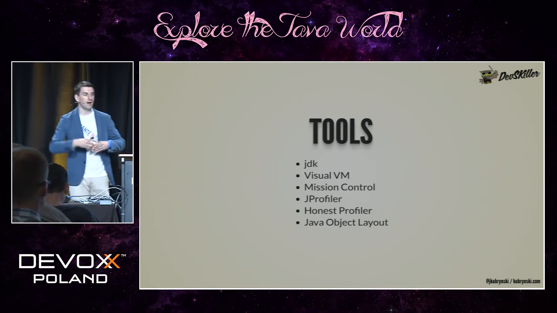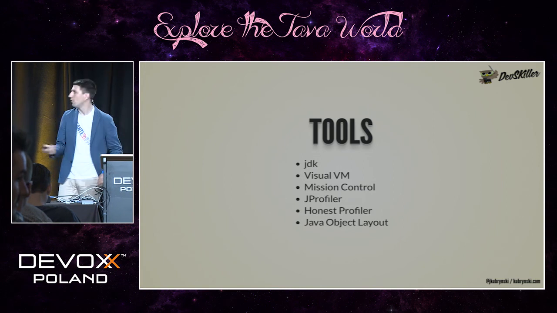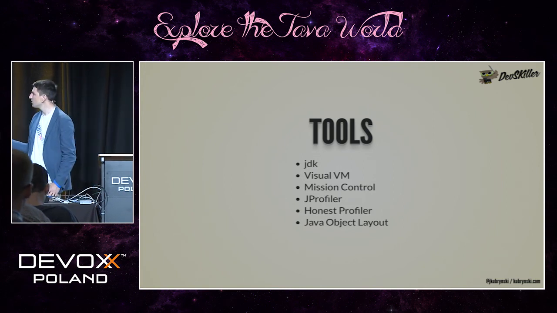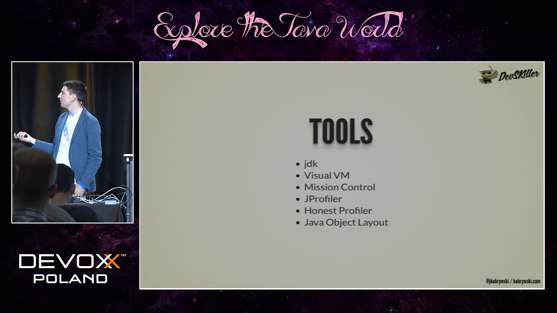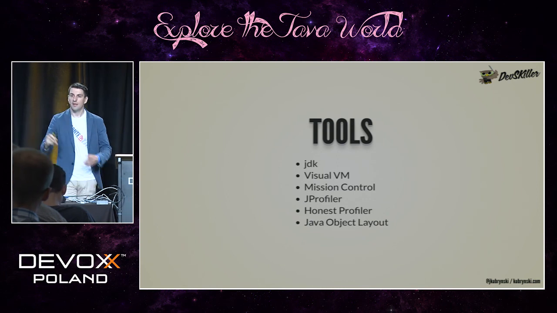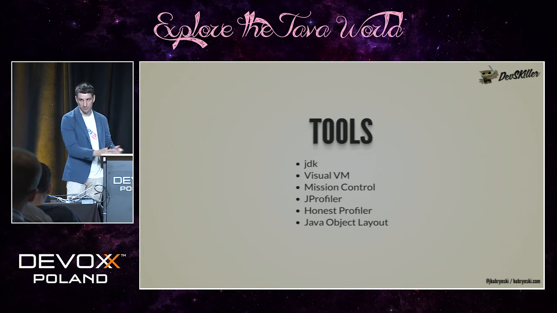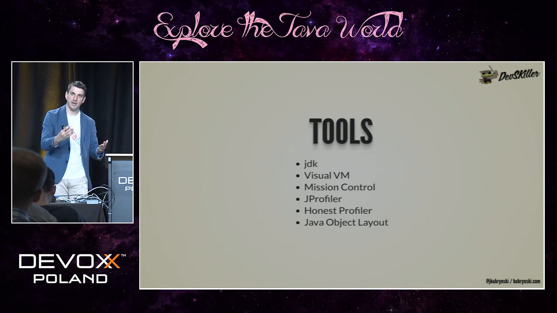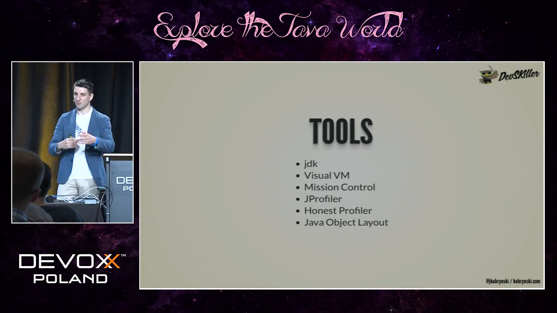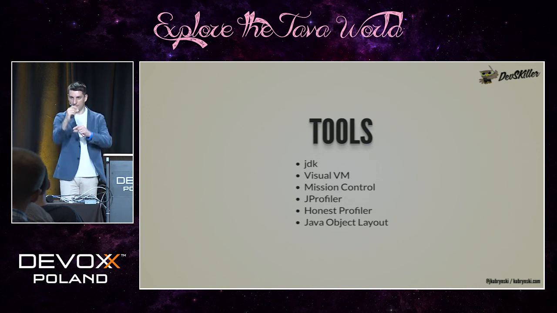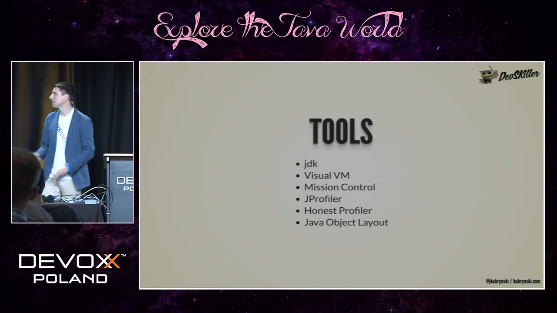To verify how your application is performing, etc. You can also use profilers like JProfiler or Honest Profiler to check what is the cost of calling this method? What is the cost of doing here? Okay, I see that this method is executing 10 seconds, but what does it do? What are the parts of these elements?